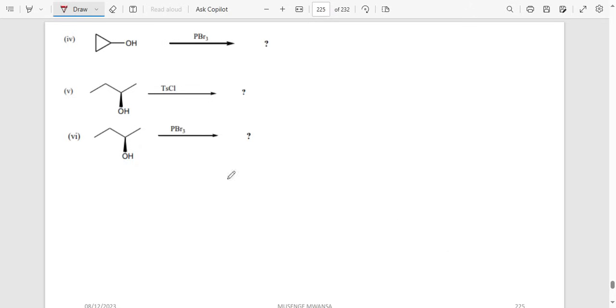And then we want to write the mechanism for this one. So the first step, every time you see PBr3, now the goodness is all these reactions are similar in mechanism. The aim is we just want to form a what? A good leaving group. So I'm going to use P, Br, I'll write it like this. It has got three of them.